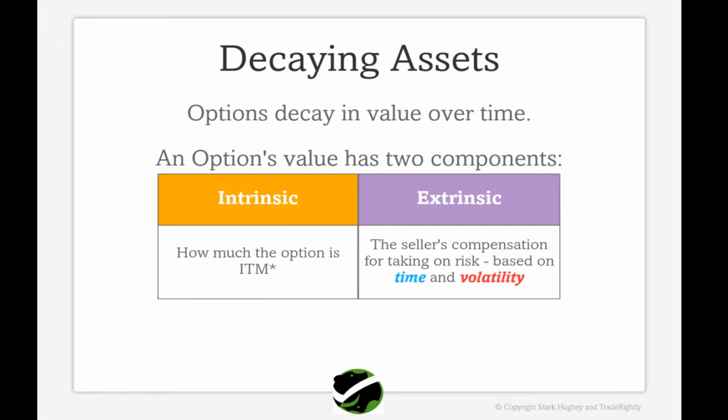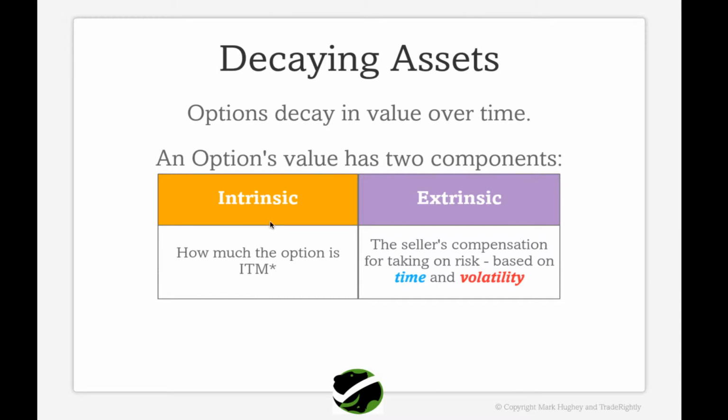Remember, if the buyer exercises his option, the seller gets assigned and has to complete the transaction on the underlying. He's for damn sure going to want some incentive for taking on that risk. So extrinsic value is the market's assessment of the fair value of that risk.